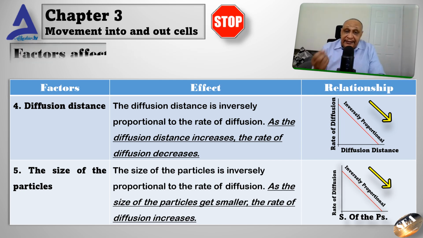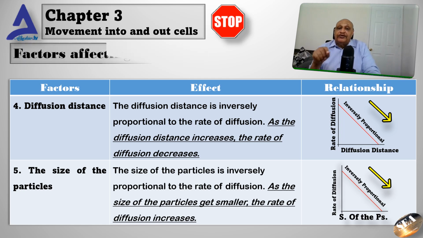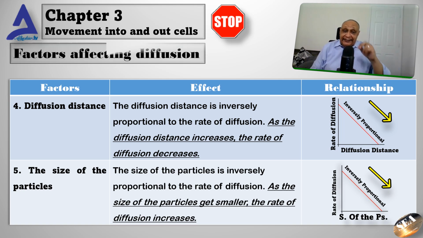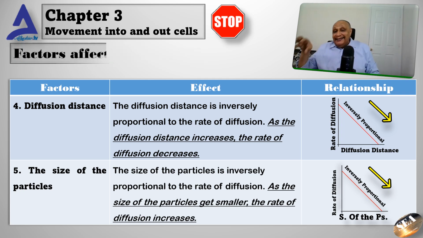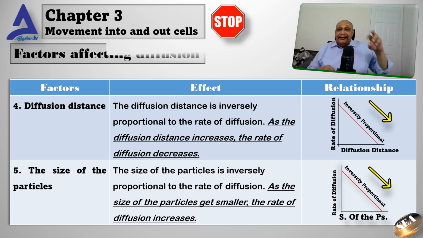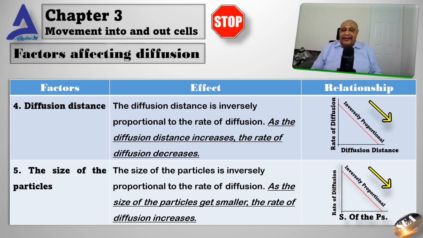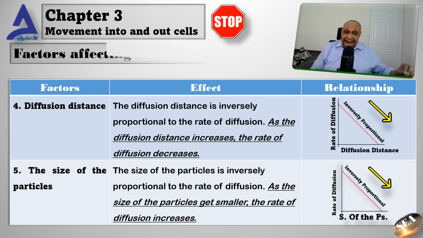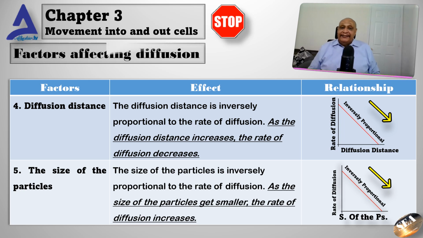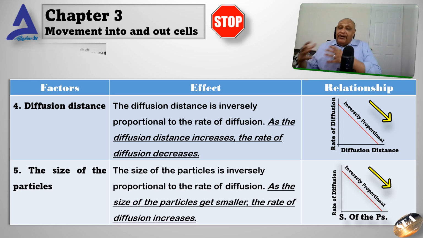So the diffusion distance is inversely proportional to the rate of diffusion. As the diffusion distance increases, the rate of diffusion decreases, and vice versa. We are going to use these factors when we apply this to cells.